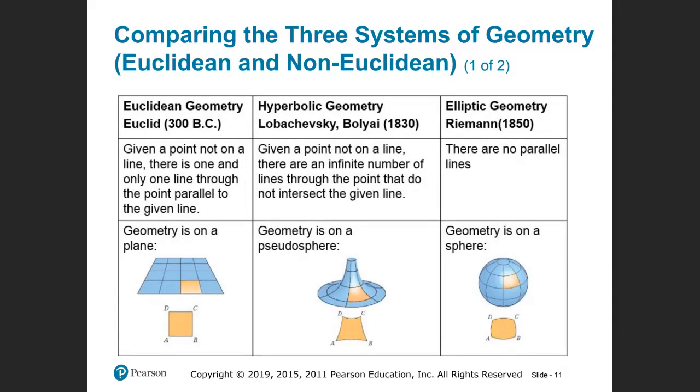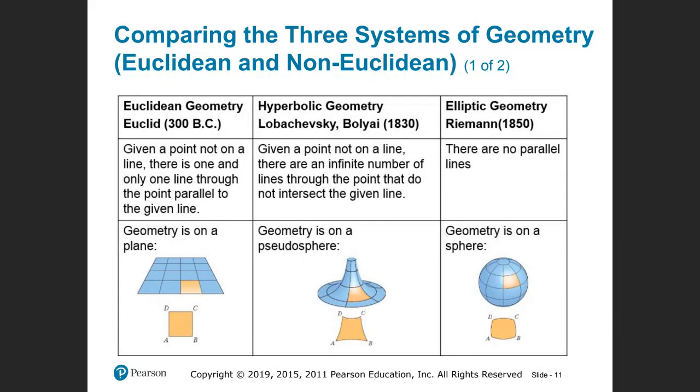Now we're going to compare 3 systems of geometry, Euclidean and non-Euclidean. Euclidean geometry in the first column shows that given a point, not on a line, there is one and only one line through the point that is parallel to the given line. Geometry is on a plane.